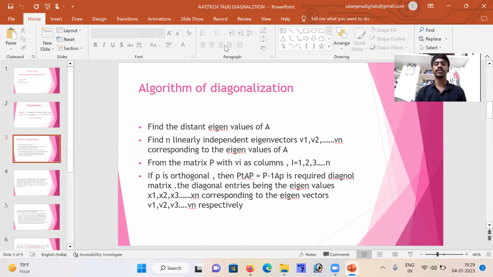The diagonal matrix entries are the eigenvalues x1, x2, x3, and so on up to xn, corresponding to the eigenvectors v1, v2, v3, and so on up to vn respectively. Next slide.